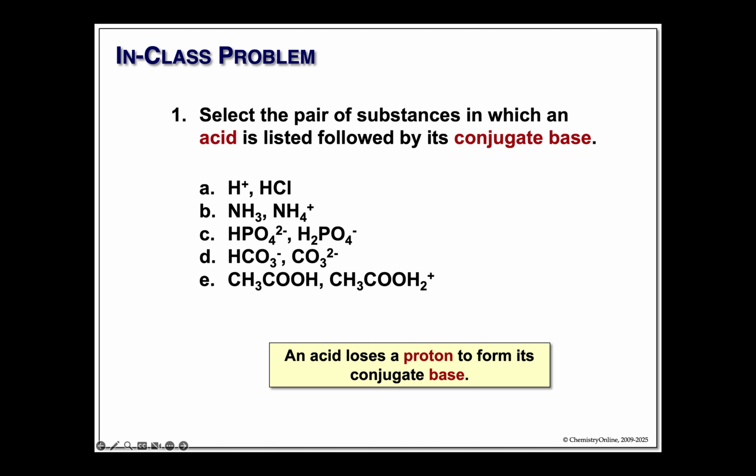That's an acid, that's not its conjugate base. If we take a proton off of ammonia, we get NH2, not NH4. Here we're adding a proton to hydrogen phosphate. Here we have hydrogen carbonate as an acid, carbonate as its conjugate base.